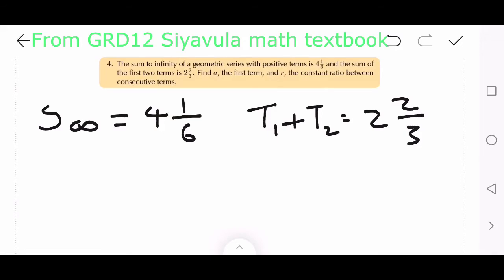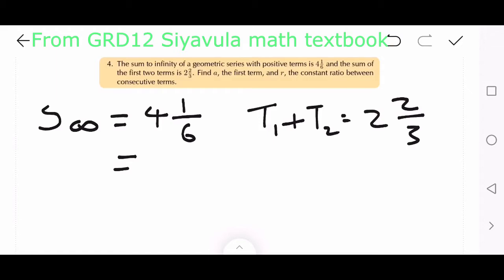Now we are supposed to find a, which is the first term, and r, which is the constant ratio between consecutive terms. So let us write these mixed fractions as proper fractions.